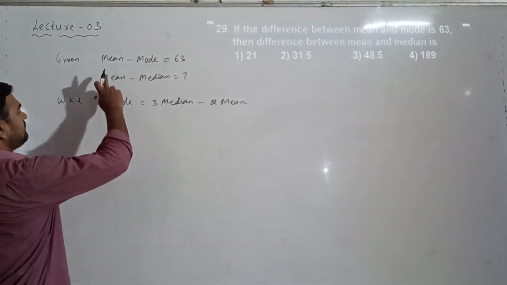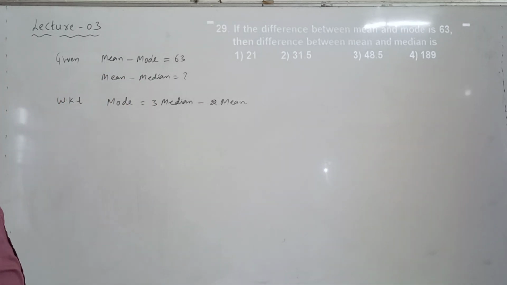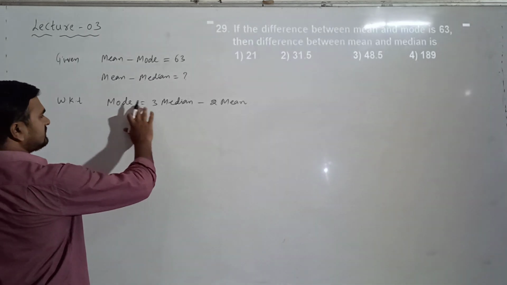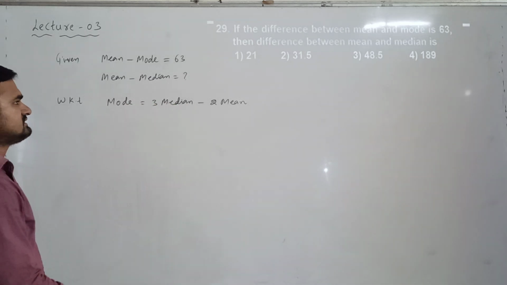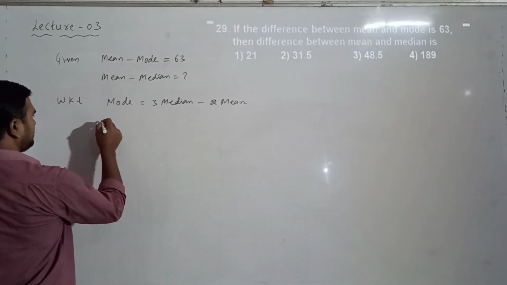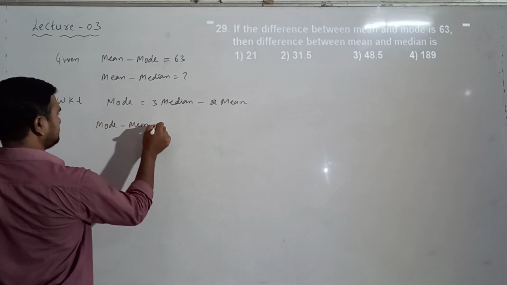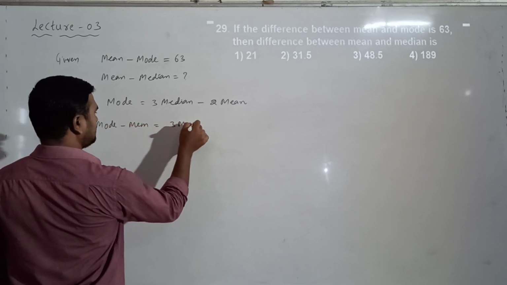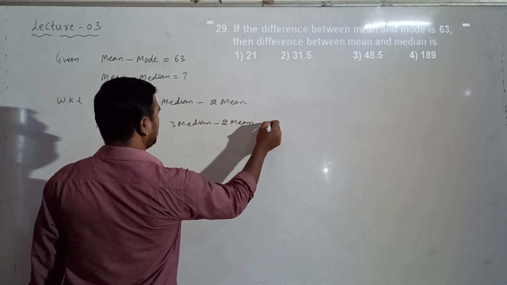Let us subtract mean on both sides. Mode minus mean equals 3 median minus 2 mean minus mean.